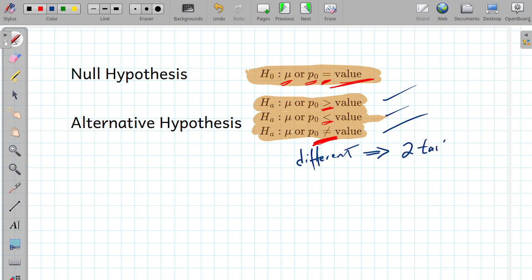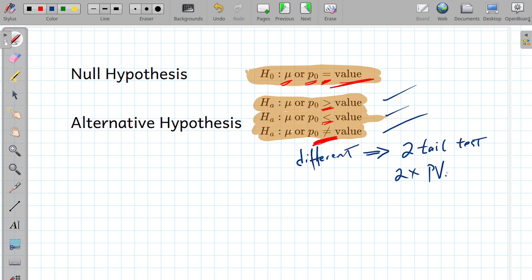We'll get to this in more detail later. I'm just bringing you up to speed on a couple of things. So this is called a two-tailed test, and the implication is that we're going to go 2 times whatever the measured p-value is. That's usually the way we do it. The other way to do it is to divide the level of significance by 2. The end result is the same.